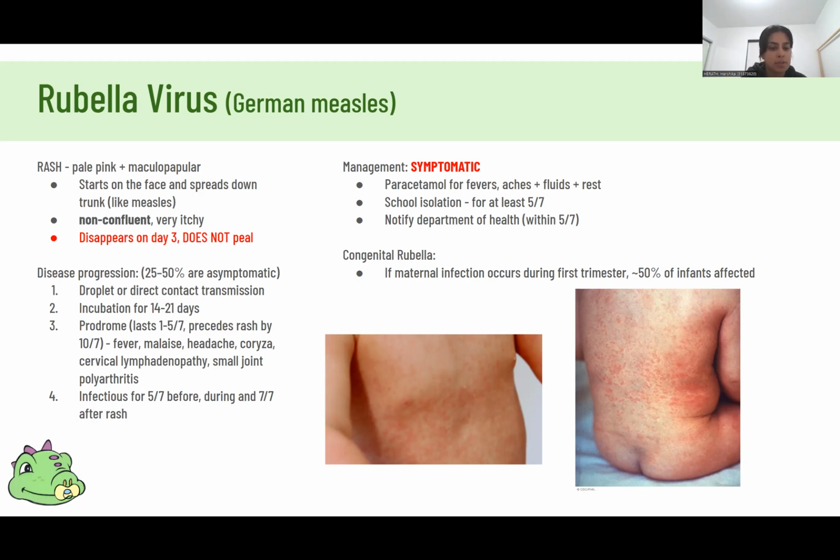And the infectious period is also a little bit longer. Management is very, very similar, pretty much the same. And congenital rubella is hopefully something that they will talk to you about in your obstetrics and gynecology lectures. But something to be aware of and a part of screening because of the complications of congenital rubella.